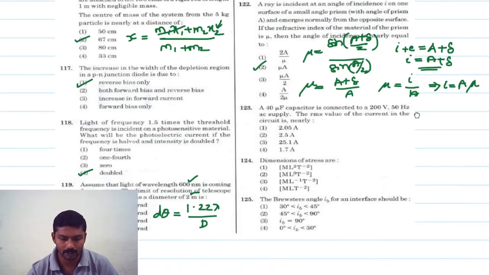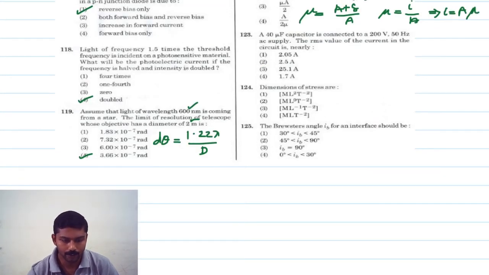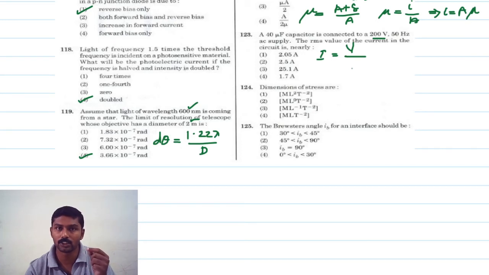Now look at the next question, 123. Again a very simple question. A 40 microfarad capacitor is connected to a 200 volt, 50 hertz AC supply. The RMS value of current is equal to the RMS value of voltage, which is 200 volt and already given, divided by XC, which is called the capacitive reactance, equal to 1 by C omega.